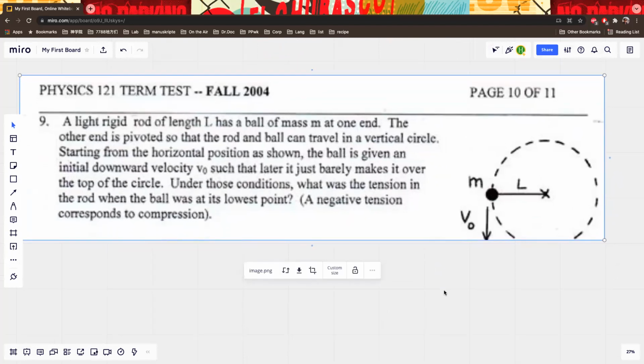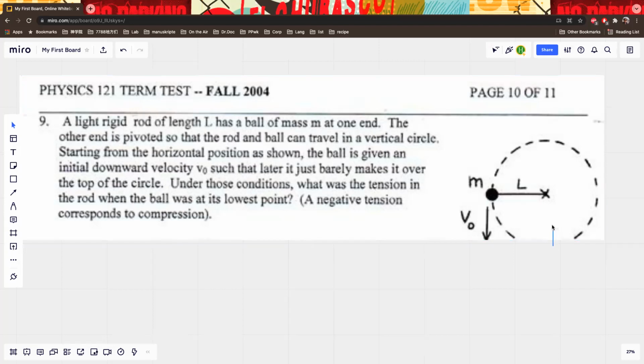A light rod of length L has a ball of mass M at one end. The other end is pivoted so that the rod and ball can travel in a vertical circle. Starting from the horizontal position as shown, the ball is given an initial downward velocity of v0, such that later it just barely makes it over the top of the circle. Under those conditions, what was the tension in the rod when the ball was at its lowest point? So what was the tension over here, basically?